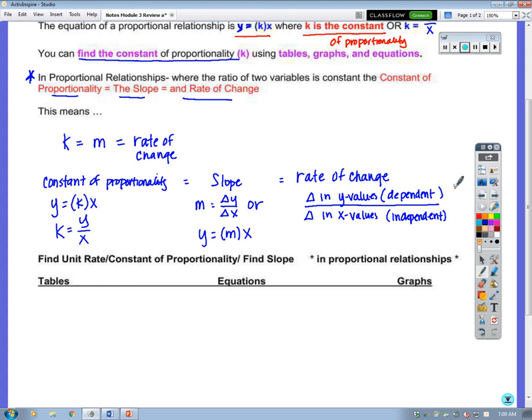So these are three ways to essentially find the same thing. Why we have three different applications for them depends on our situation. This is all for proportional relationships: constant of proportionality k, slope m, and rate of change.